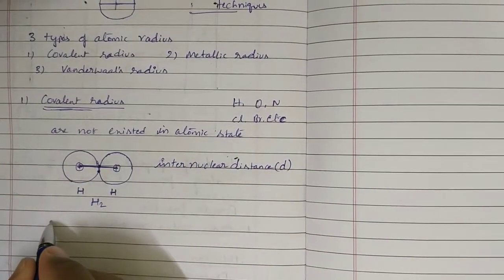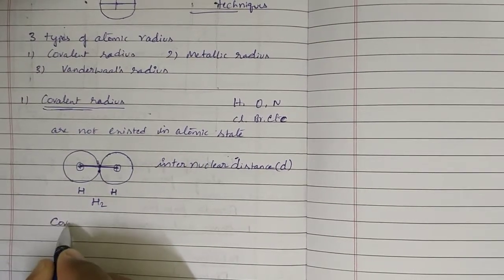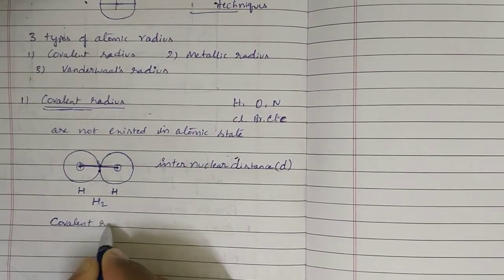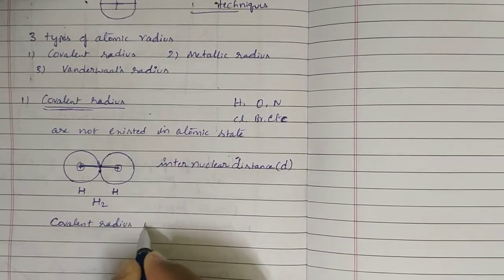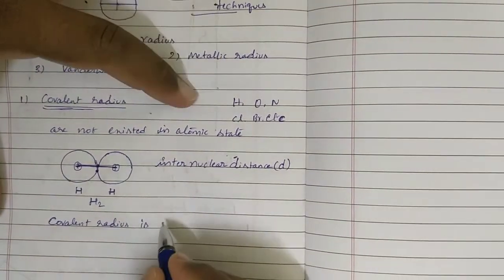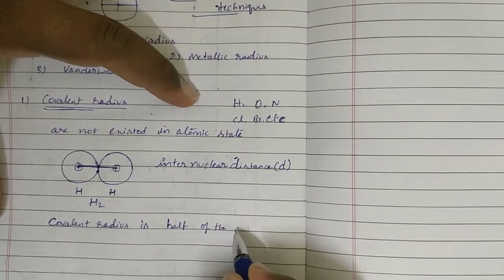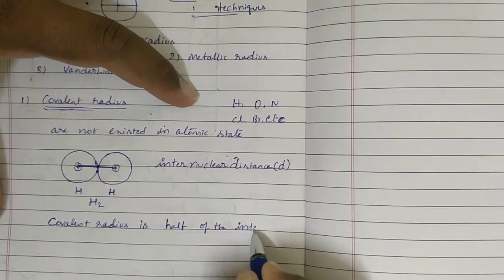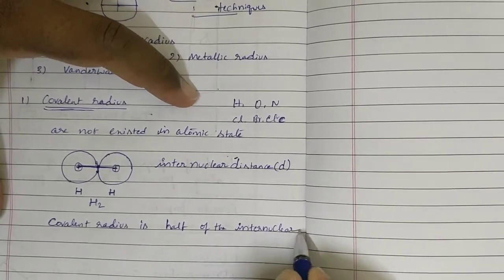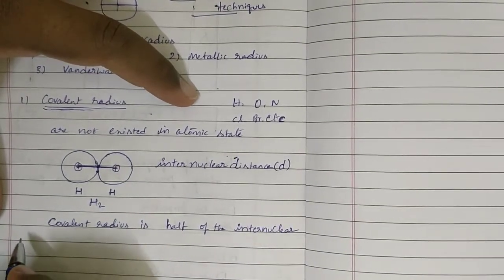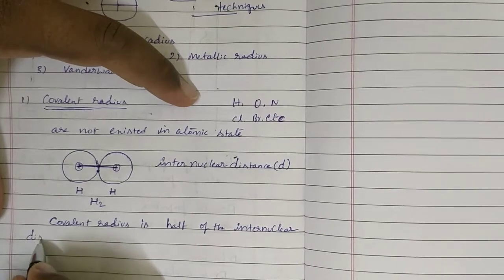Then covalent radius is half of the internuclear distance.